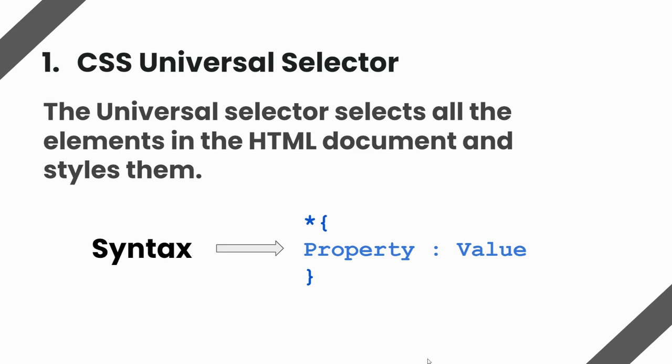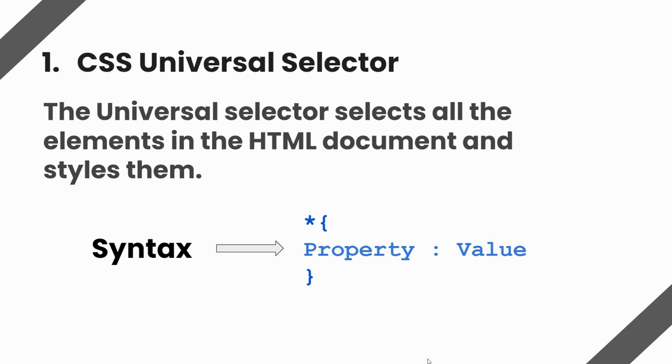So as we can see here, the syntax starts with an asterisk. The asterisk here actually depicts all, that's everything. We also have within the syntax the property and the value. So by using this selector, whatever property you have that is assigned a value, it's going to affect every element within the document.